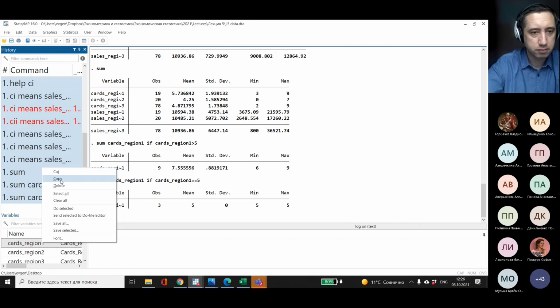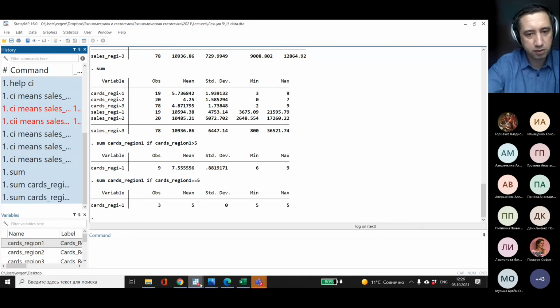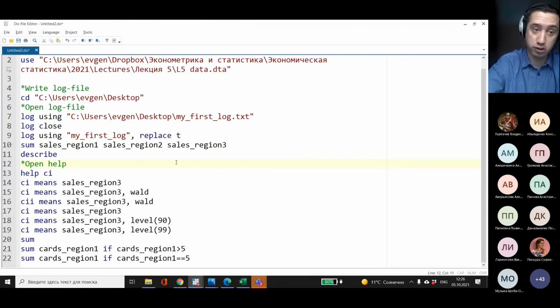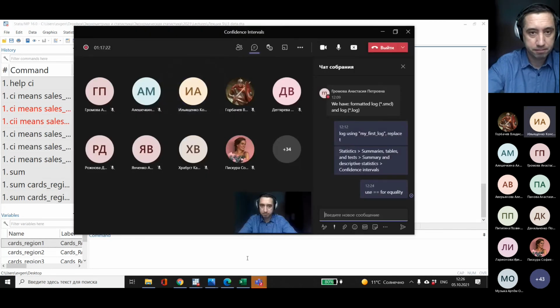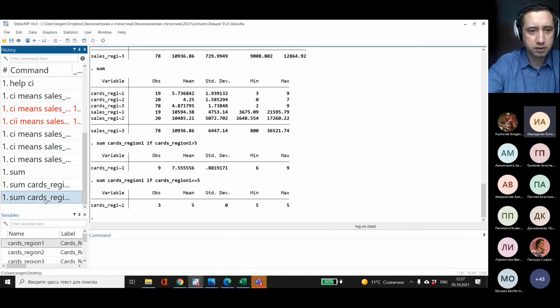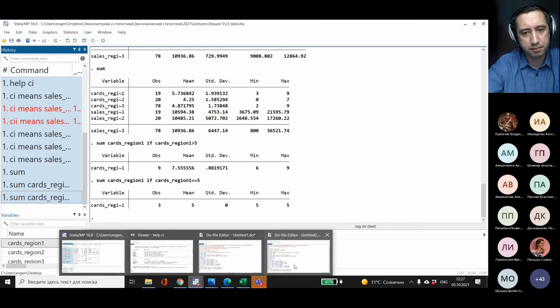Now, copy and paste to your do file editor as usual. You select them with the Shift button. Or you can press Ctrl A if you have a PC. Ctrl A, Ctrl C to copy and Ctrl V to paste.